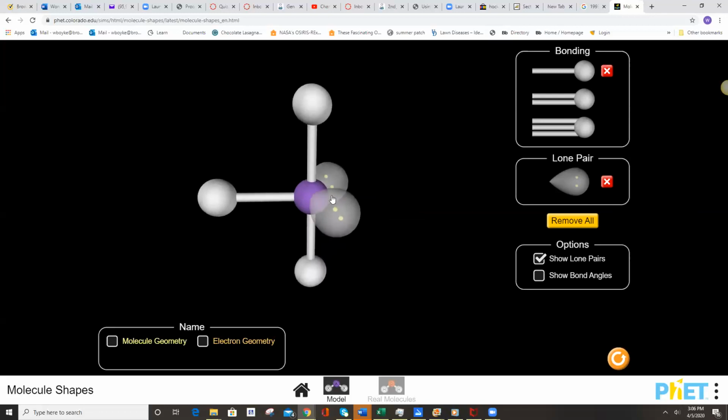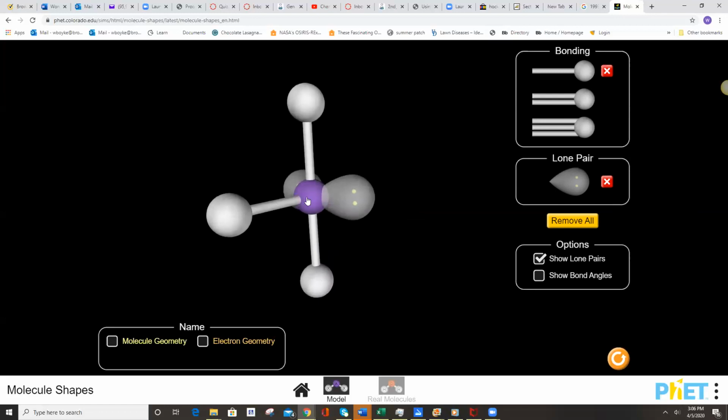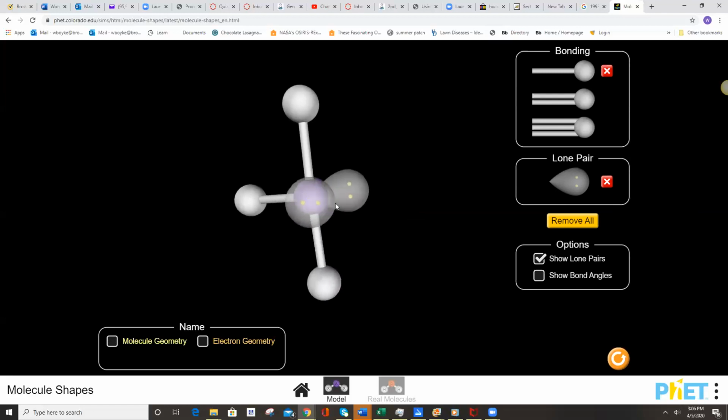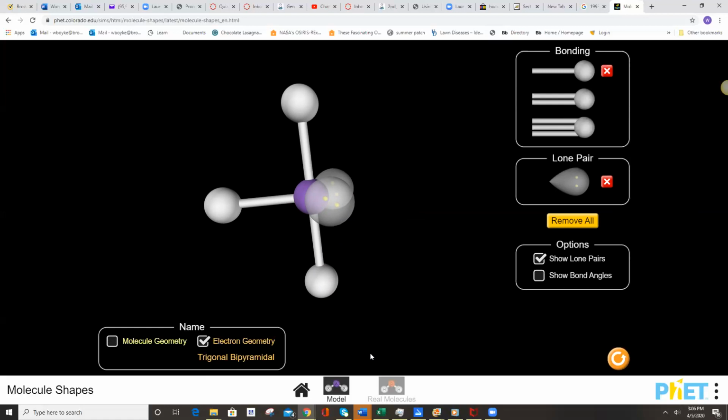So first, let's talk about that electron pair geometry. You can see the electrons are all situated still in that trigonal bipyramidal electron pair geometry. Go ahead and select it. Trigonal bipyramidal. Everything's still set up for that. In terms of molecular geometry, remember, we are just looking at how the atoms are situated.